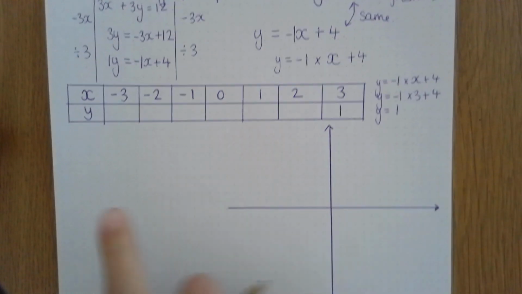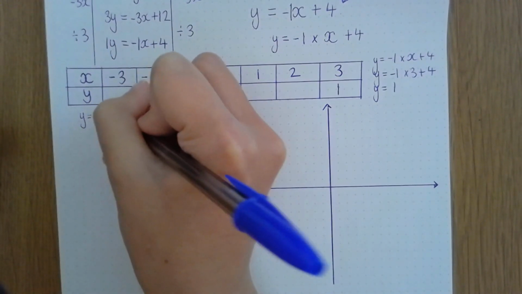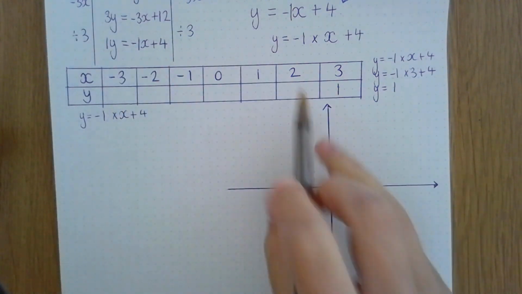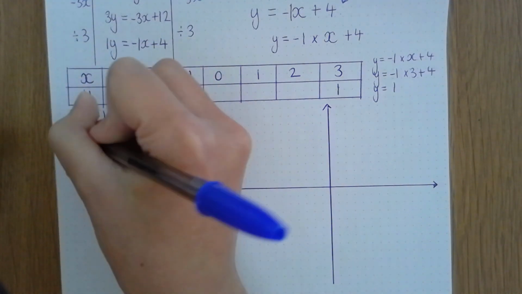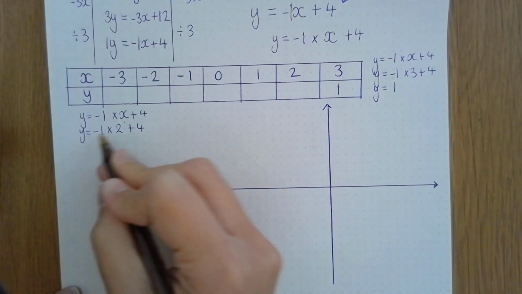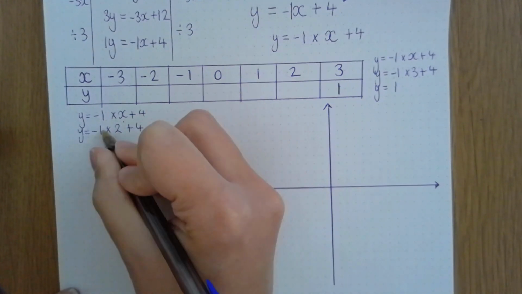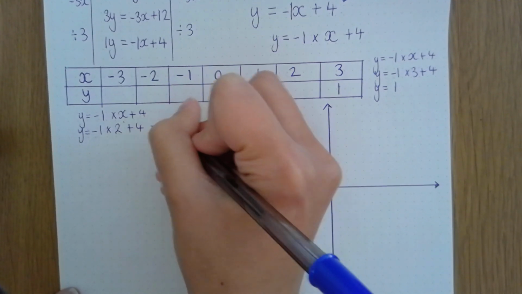I'm going to finish the rest over here. So we've got y equals negative 1 times x plus 4. Now we're going to use 2. So negative 1 times 2 plus 4. Negative 1 times 2 is negative 2. Negative 2 plus 4 is 2.